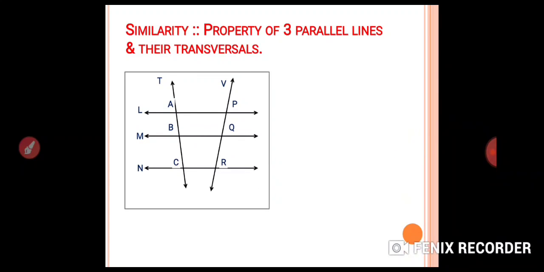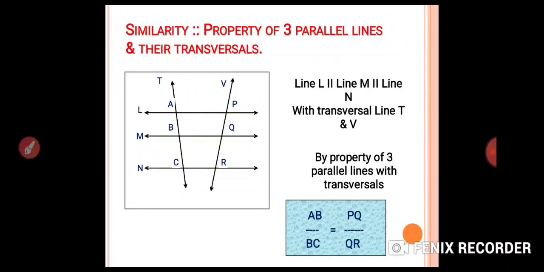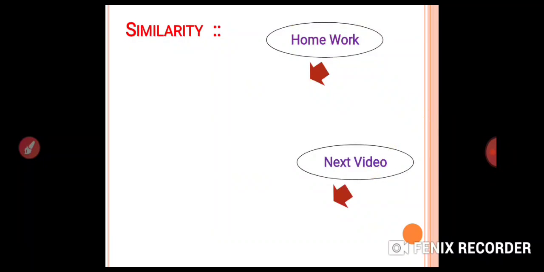By observing the figure, we see that line L is parallel to line M, parallel to line N, with transversal line T and line V. Lines L, M, N are parallel lines and the transversals intersect these lines in points A, B, C and P, Q, R. So, by the property of three parallel lines with transversals, we get AB upon BC is equal to PQ upon QR. This is the property of three parallel lines and their transversals.